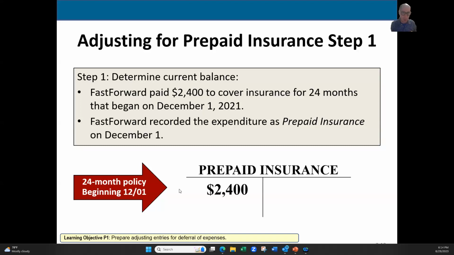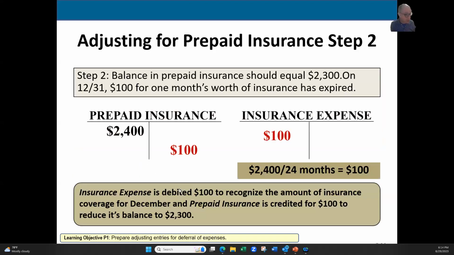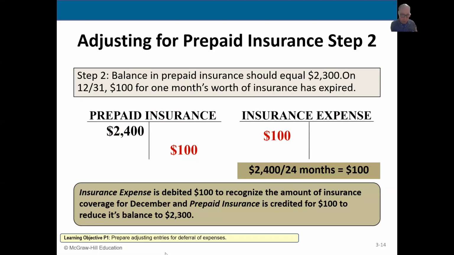And so at the end of December, I need to make an adjusting entry to represent the use or consumption of prepaid insurance. So $2,400 divided by 2 years, which is 24 months, is $100 a month for 24 months. $2,400 divided by 24 months is $100.